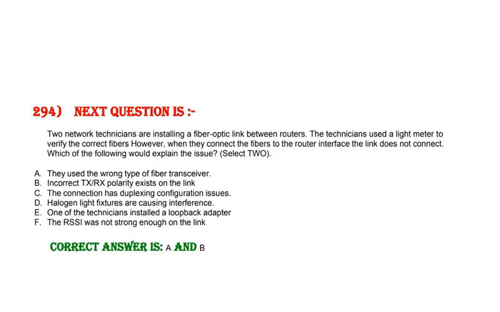Option B, incorrect TX-RX polarity exists on the link. Option C, the connection has duplexing configuration issues. Option D, halogen light fixtures are causing interference. Option E, one of the technicians installed a loopback adapter. Option F, the RSSI was not strong enough on the link. Correct answer is option A and option B.